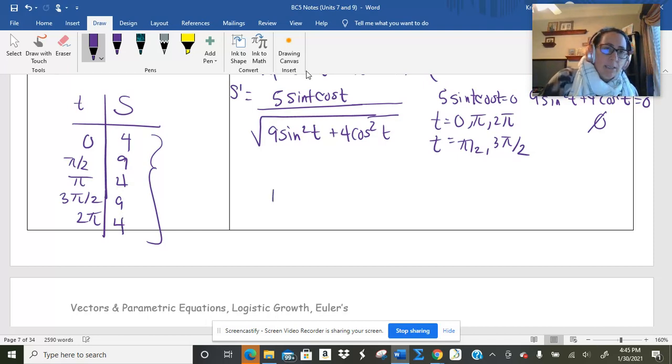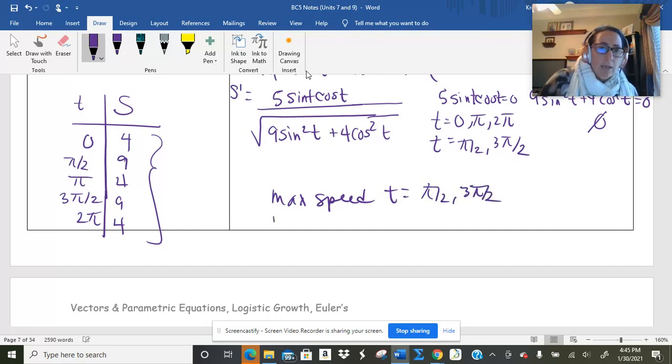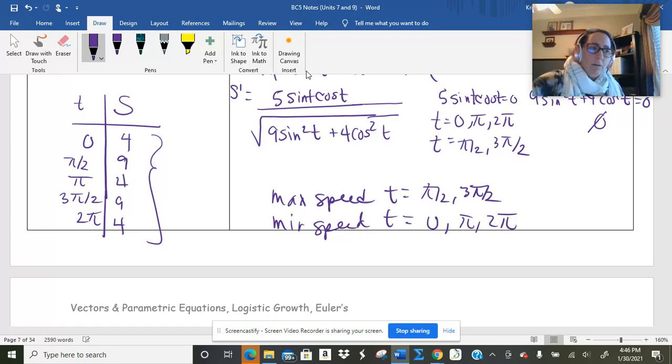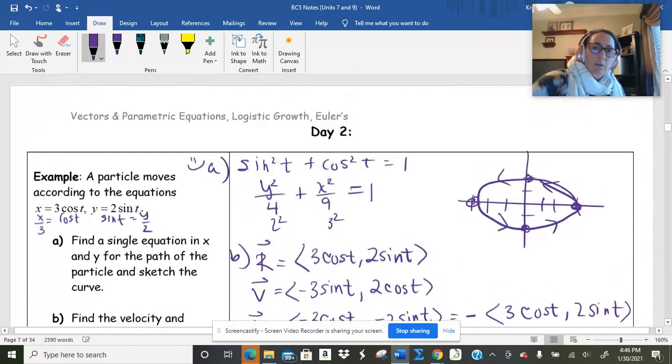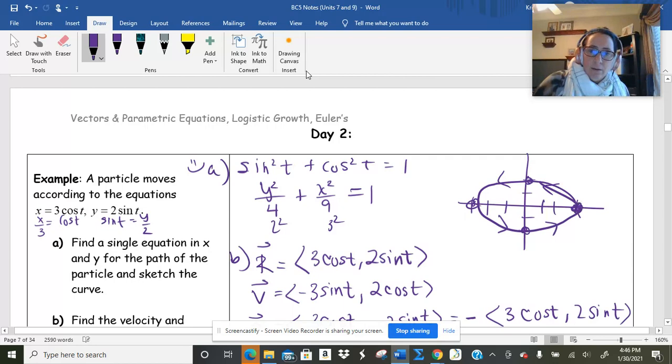So here I can see that I have the max speed when t is pi over 2 and 3 pi over 2, and I have the min speed when t is 0, pi, and 2 pi, which are actually going to be at these values when I have the max and the min.